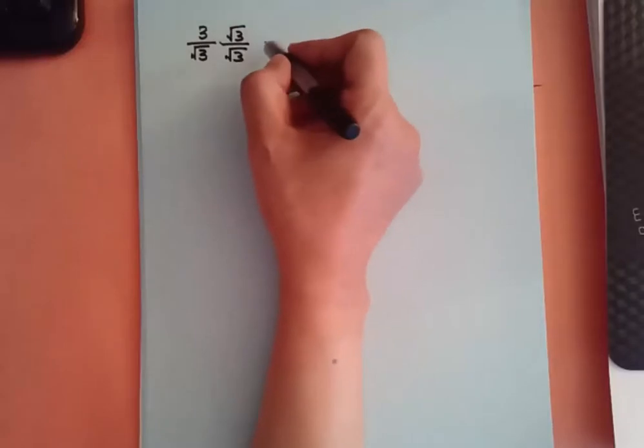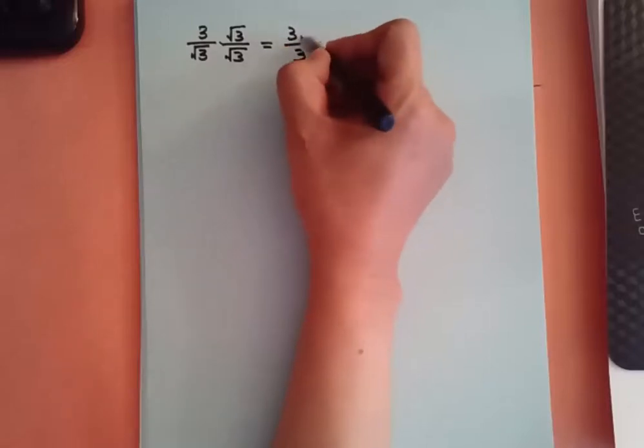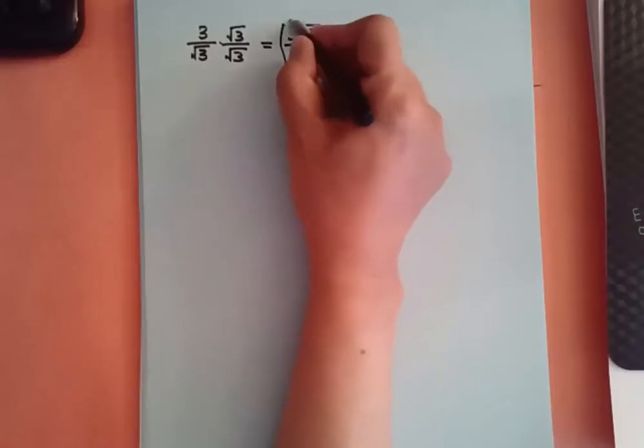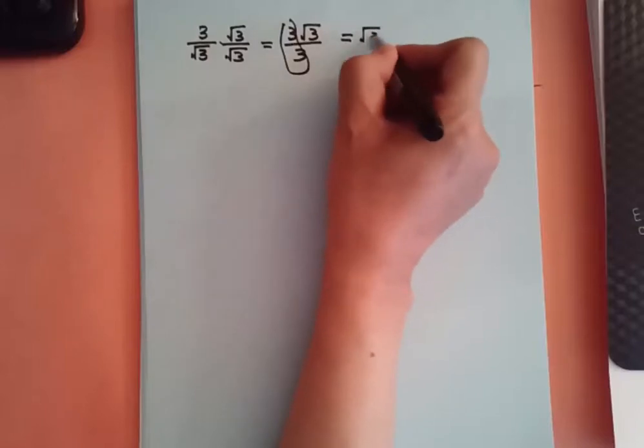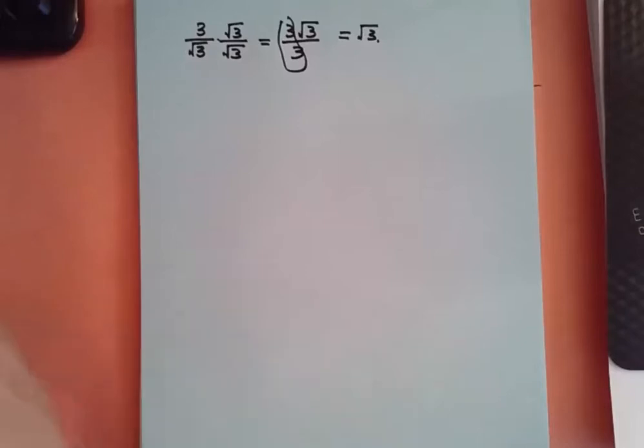So if we do this, then the denominator becomes 3 and numerator is 3 square root of 3. So those will cancel each other. So that becomes square root of 3, right? Yeah. And so you can go either way.